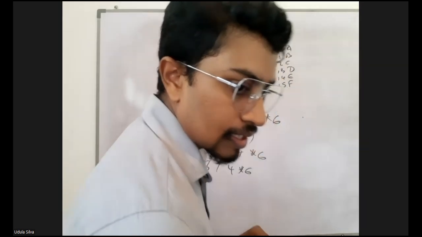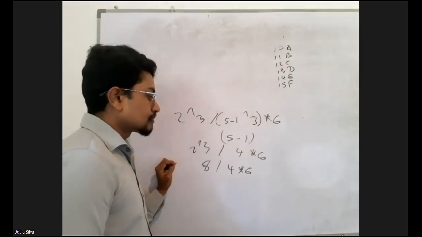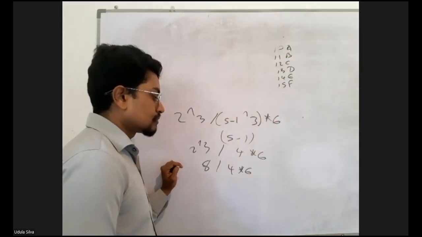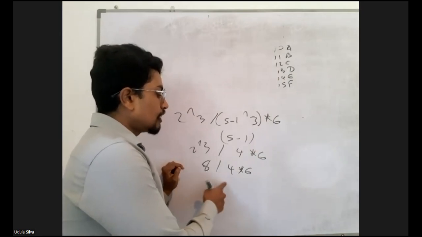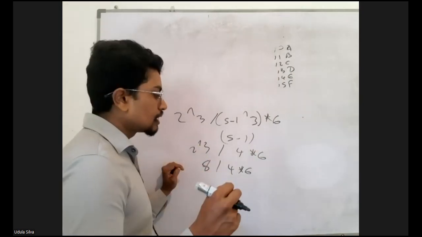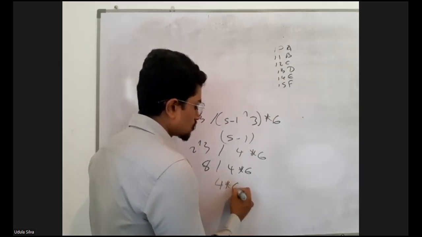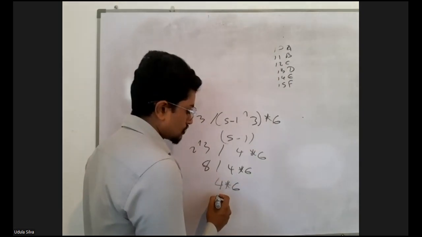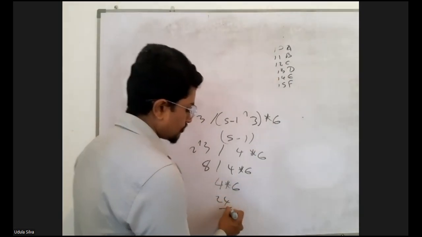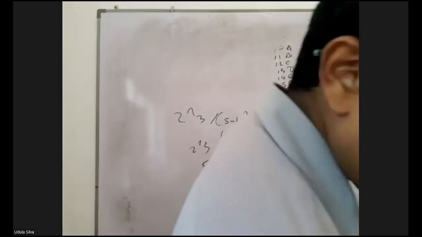What do we do first here? 8 divided by 2 is what? 4. 4 into 6 is what? 24 is the answer.